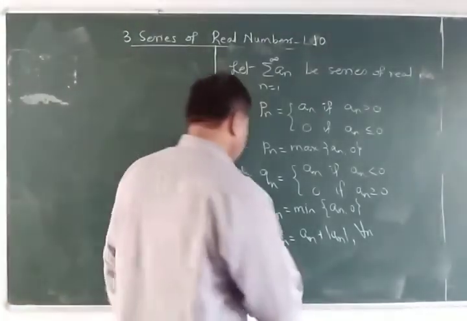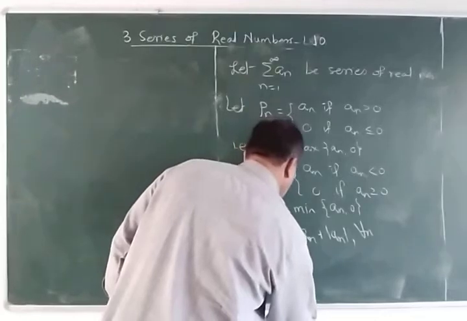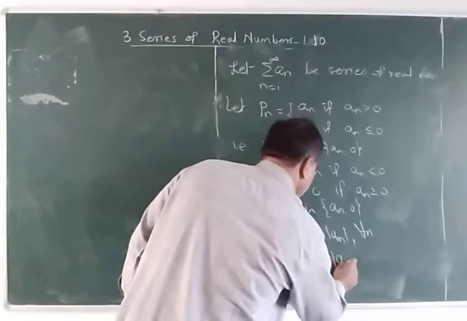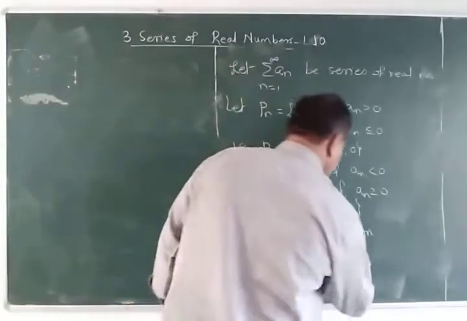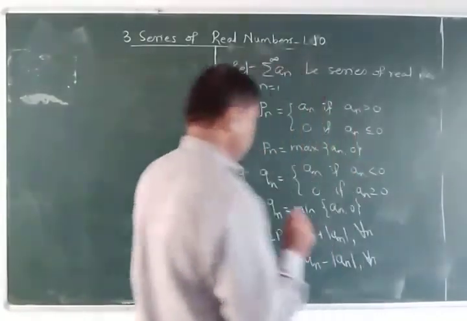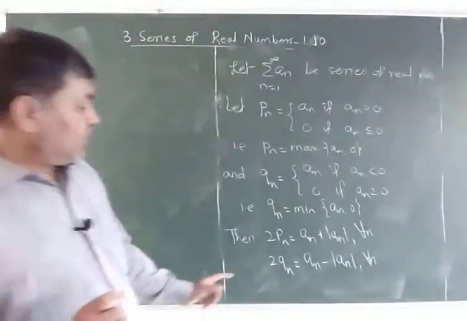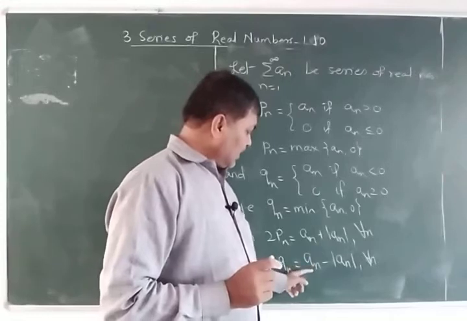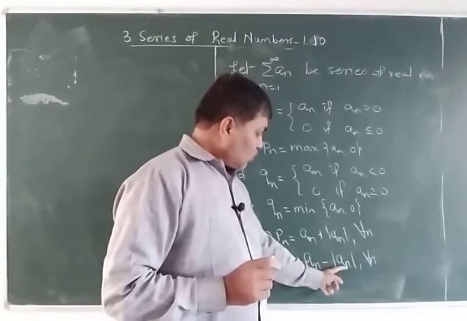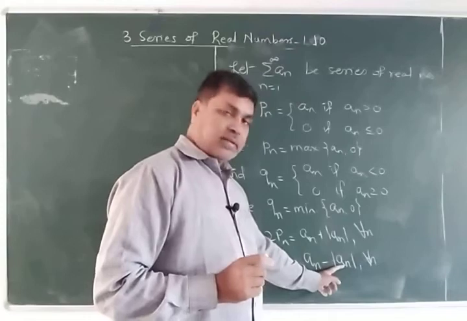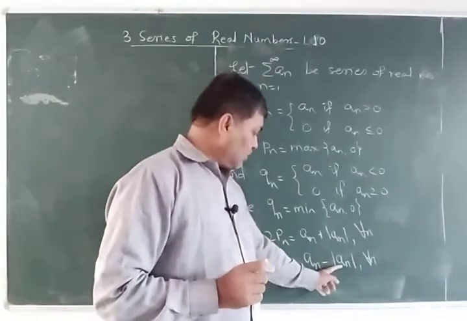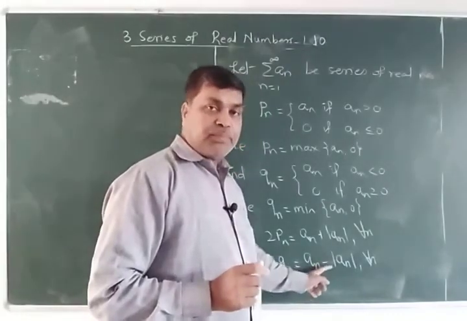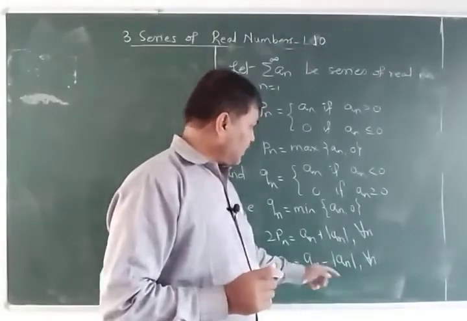Okay. And 2Q_n is equal to a_n minus mod a_n. If a_n is a negative number, then a_n is itself, and mod a_n is nothing but minus of a_n, and minus becomes plus. So a_n plus a_n will become 2a_n.